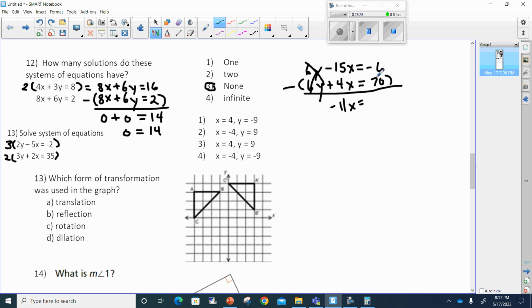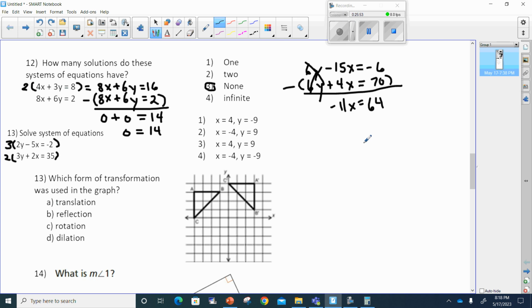And 70 minus 6 is going to be 64, I believe. Let's see here. Oh, I'm sorry. Yeah, negative 6 and positive 70, 64. So let's see. Did I do everything right? Seems like I did.